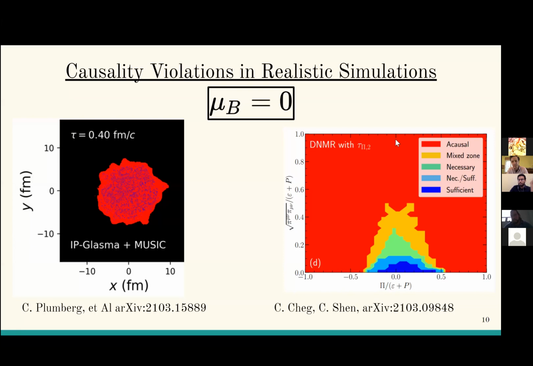Like pi mu nu and the bulk pressure being their own independent viscous currents is different from doing a gradient expansion and having pi mu nu equal to sigma mu nu times eta plus some higher order terms or something like that, right? Because if pi mu nu is sigma mu nu, then it's completely determined from your flow, right? But the point is that pi mu nu and pi in DNMR are not completely determined from your flow. Right, but it is truncated in the inverse Reynolds number, right? So I think that's what he says.